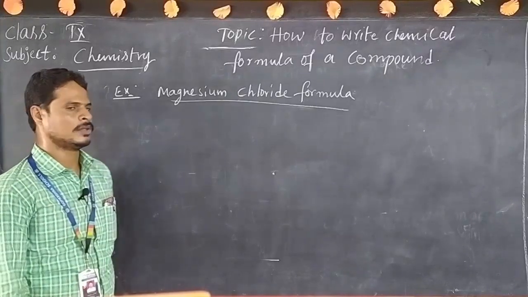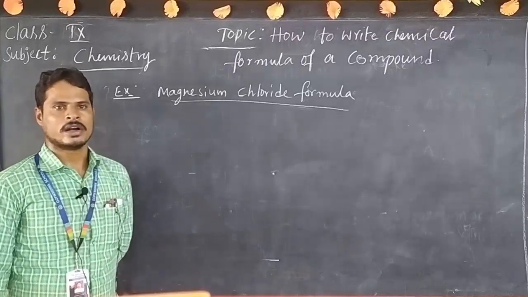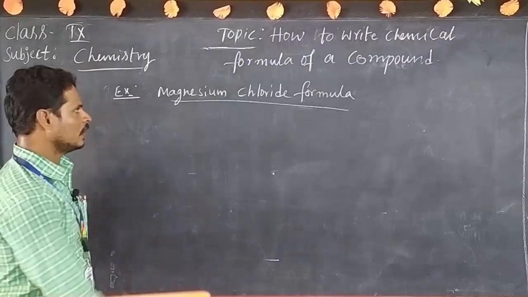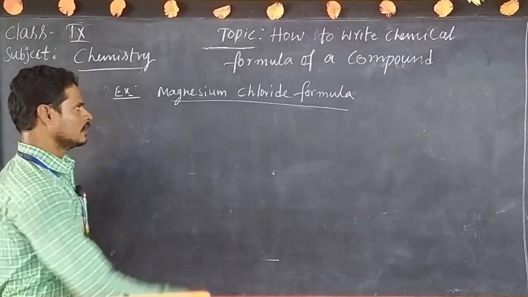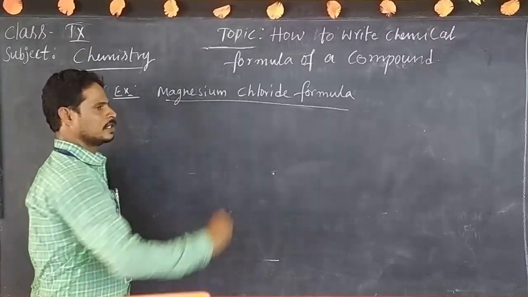How can we identify it? By using the crisscross method. If we don't know anion and cation charges, we cannot make the formula. So first of all, we identify what is cation and what is anion. Here magnesium is the cation, chloride is the anion.